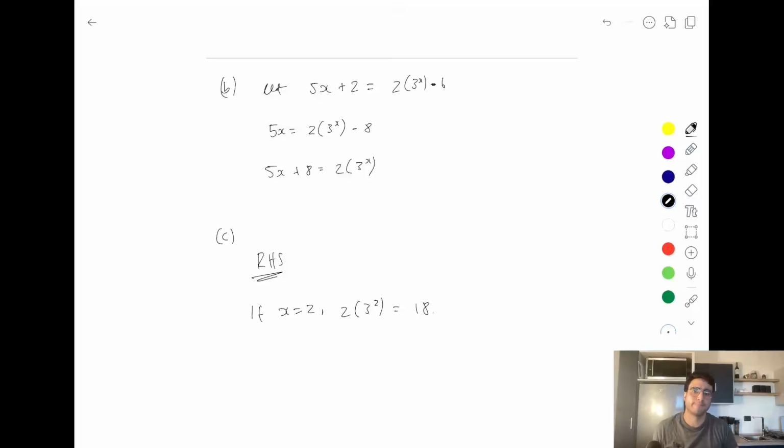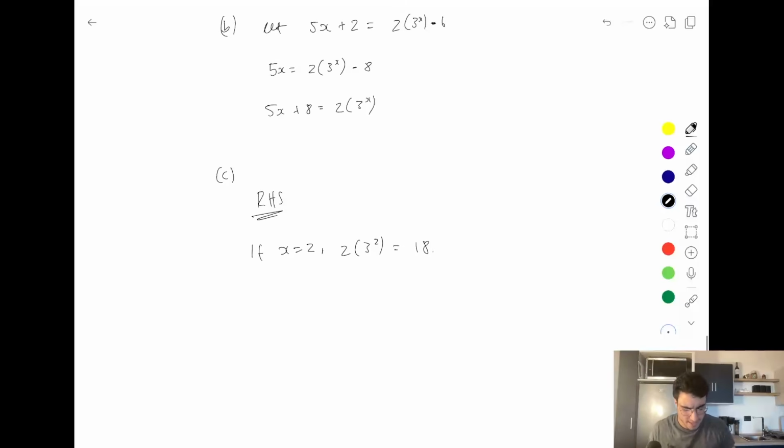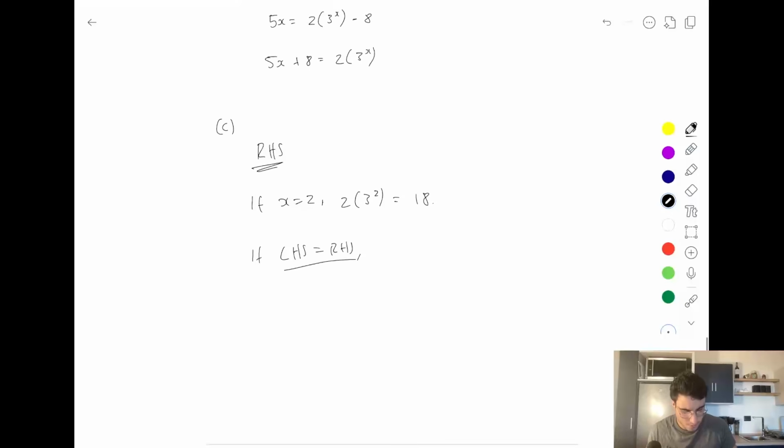Now I'm going to say that if the left hand side is equal to the right hand side, that must mean that 5x plus 8 is going to equal 18. So 5x is equal to 10, x is equal to 2.